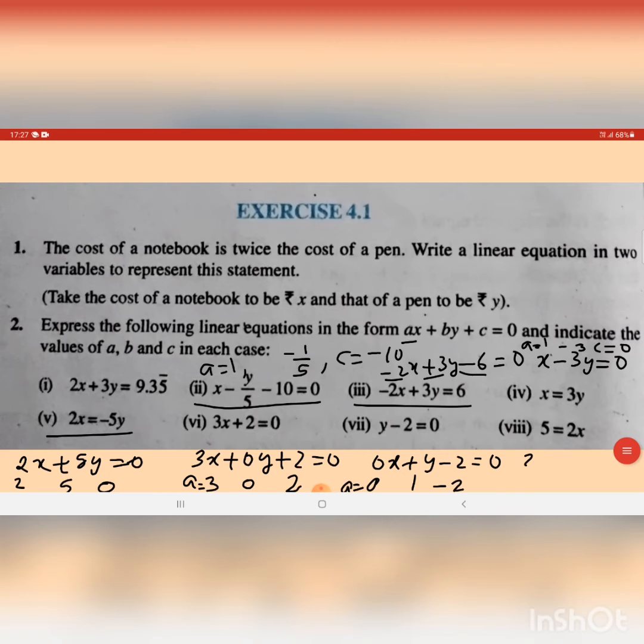That is same as 2x equal to 5. That is 2x minus 5 equal to 0, or we can write it as 2x plus 0y minus 5 equal to 0. So a is equal to 2, b equal to 0, c equal to negative 5.